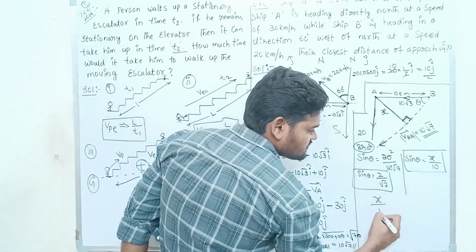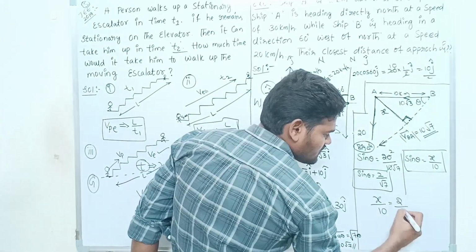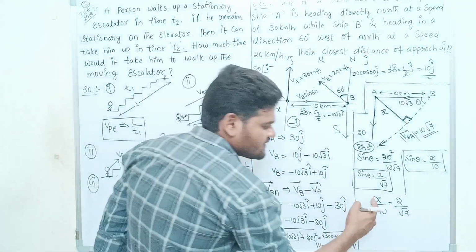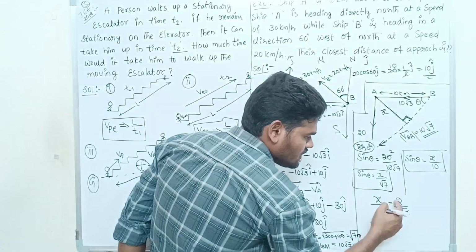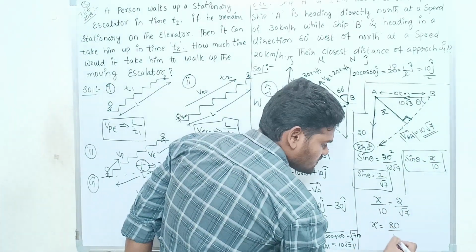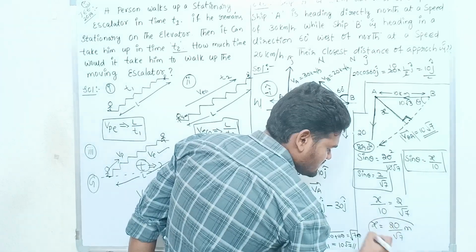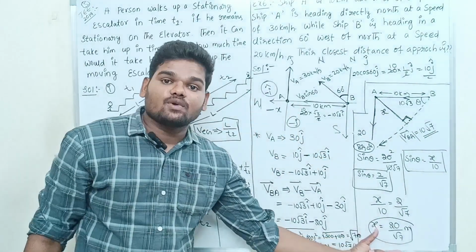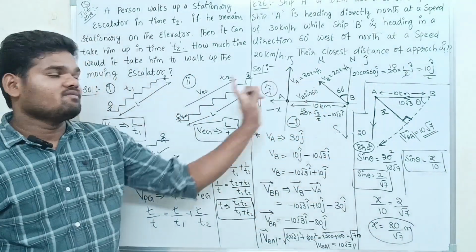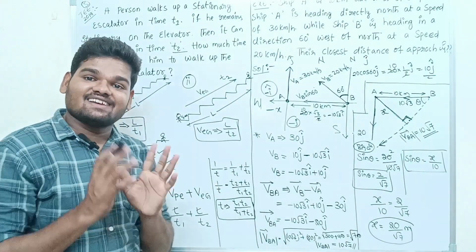You will get x by 10 equals 2 by root 7. From this, x equals 20 divided by root 7 meters. So this is the closest approach of A and B. Are you getting?